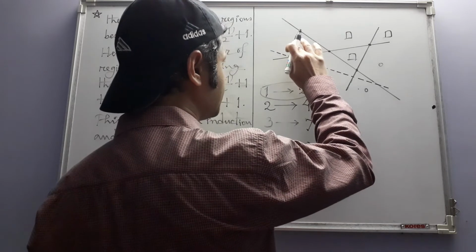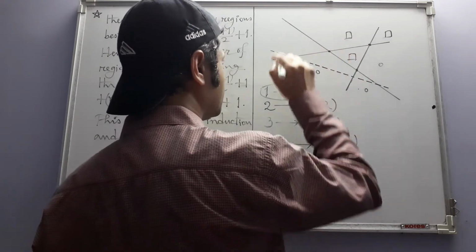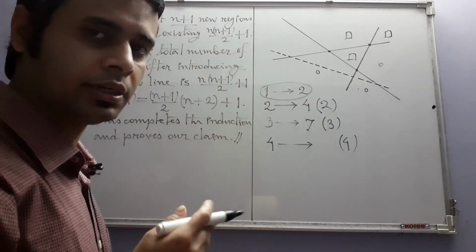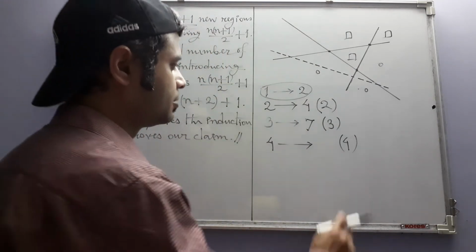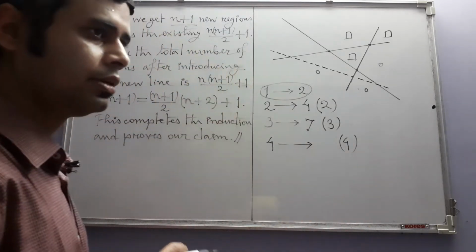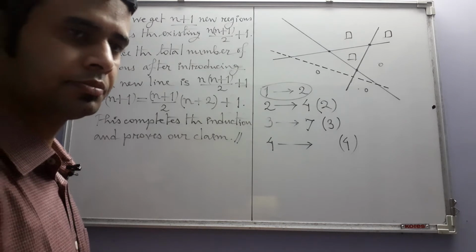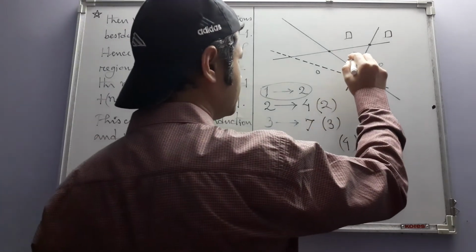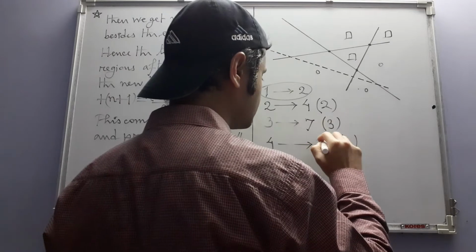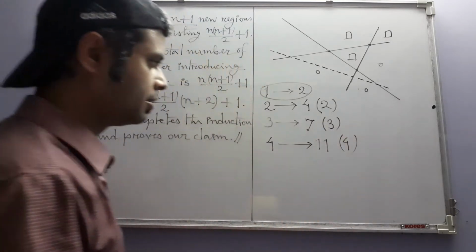Affected as well as unaffected. Since each of the affected regions is getting divided into 2 parts, 4 affected regions give us 8 regions. Okay. And the remaining 3 gives us 11.